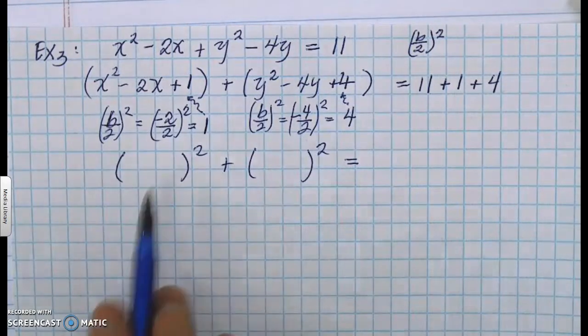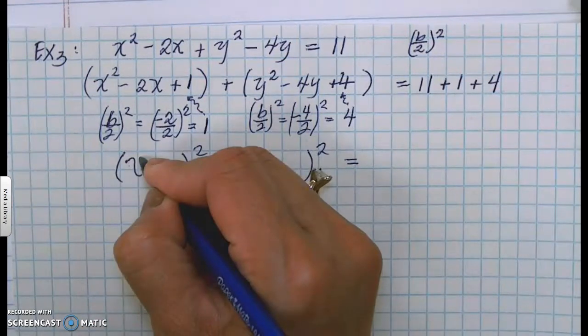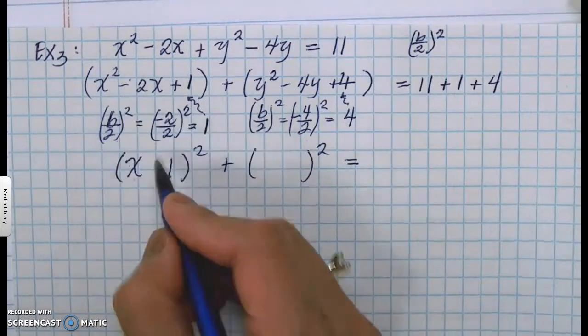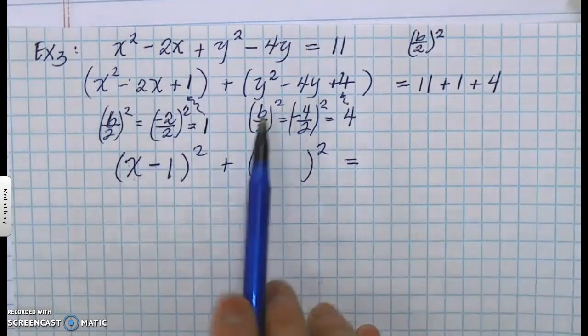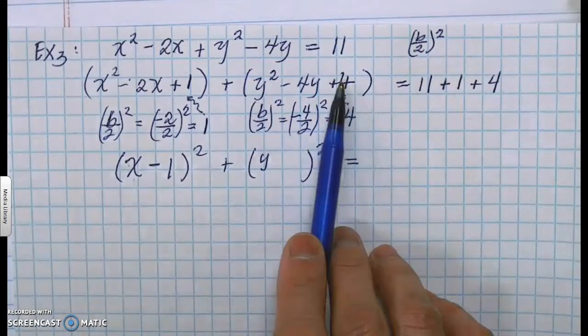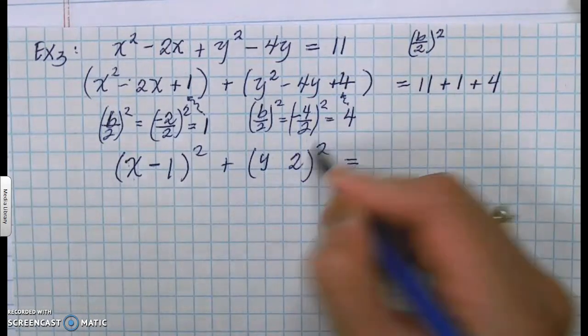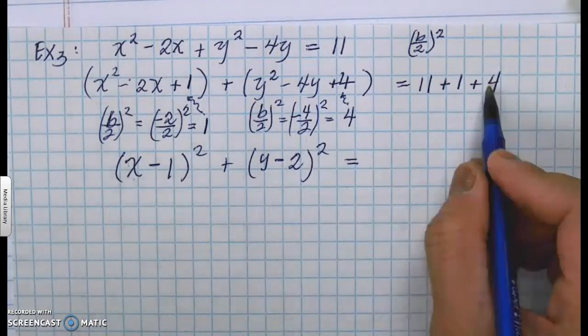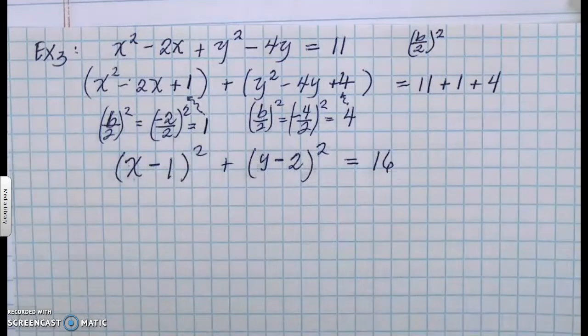So now this will be: square root of x squared is x, square root of 1 is 1, follow the sign of the middle. Right here, square root of y squared is y, square root of 4 is 2, copy the sign of the middle. So that is it, and this will be equal to 16.